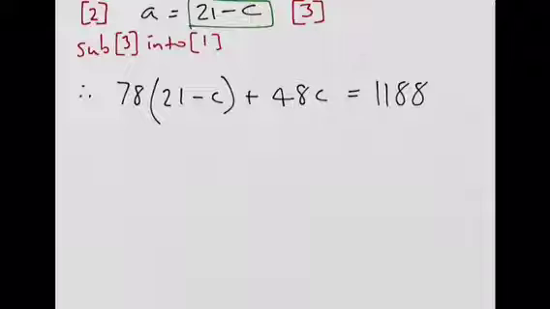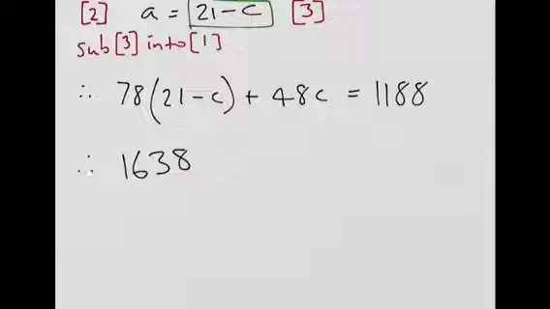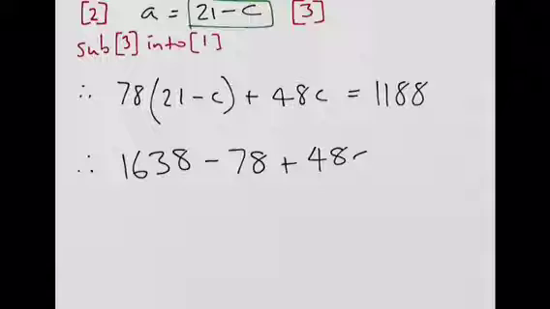So 78 times 21 equals 1638. Therefore 1638 minus 78 lots of C plus 48 lots of C equals 1188. Negative 78 plus 48 is negative 30.